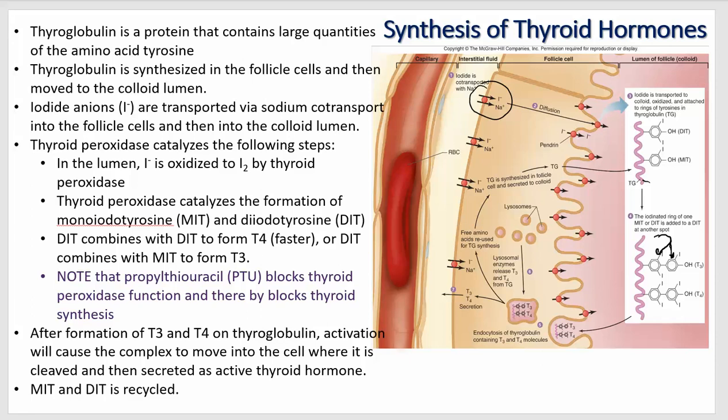So PTU, or propylthiouracil, blocks the function of the enzyme that is essentially making thyroid hormone. It's catalyzing 3 steps. You block that, it's not going to make it. So you give somebody this medication, it reduces how much thyroid hormone they make.